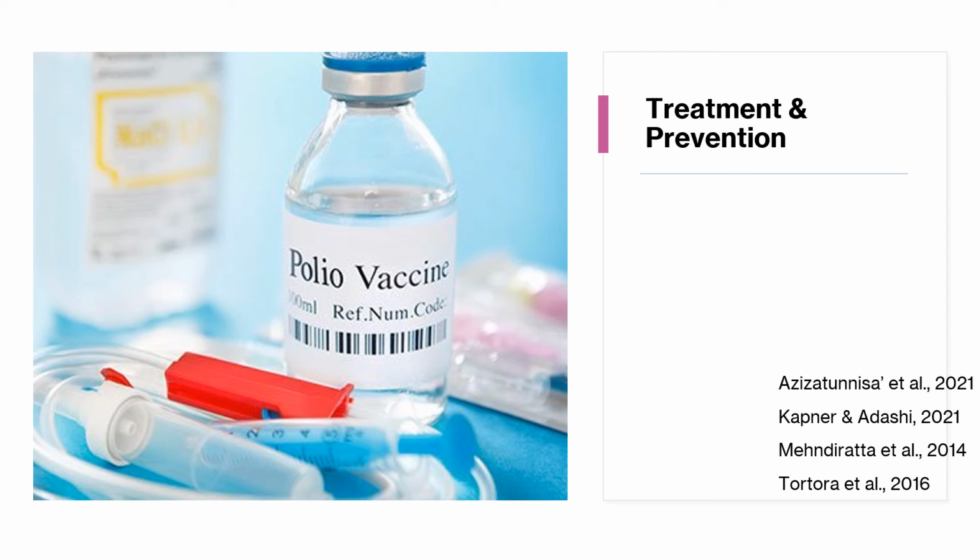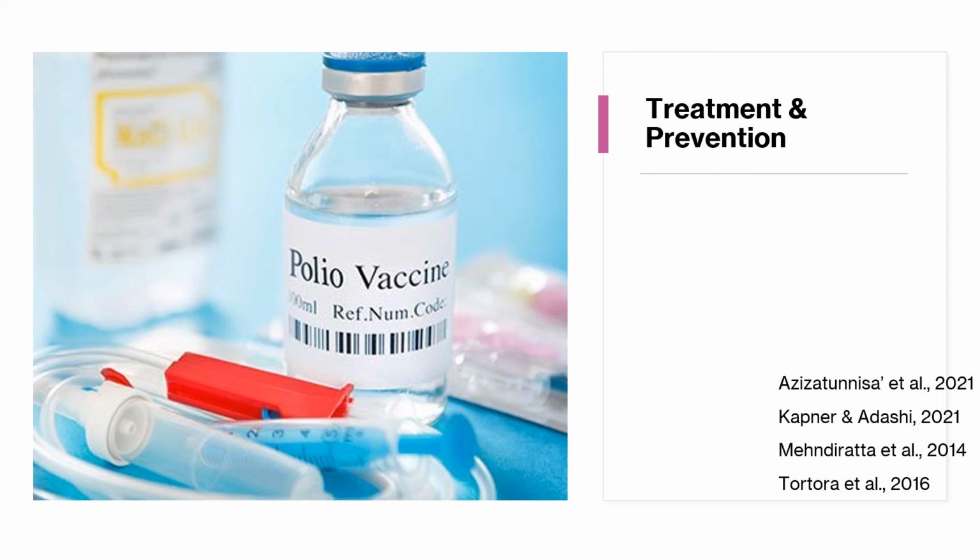The Sabin vaccine, developed by Albert Sabin, contains living attenuated strains of the virus in a suspension. This vaccine is ingested. The Sabin vaccine is cheaper to manufacture and simpler to administer.